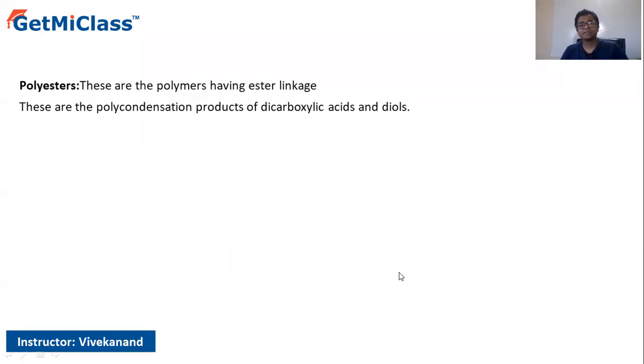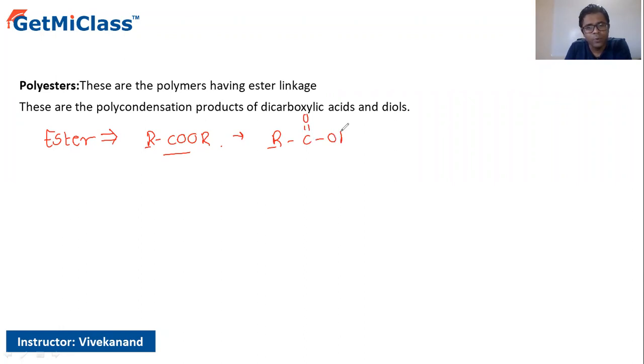Now, let's go to the next section, and that is polyesters. When we talk about polyesters, first we'll understand esters. See, an ester is nothing more than a molecule which has RCOOR. This is an ester. If you open the structure, it is going to be R-C double bond O-OR. Okay, these are the esters. Now, polyesters means a polymer which contains an ester linkage.